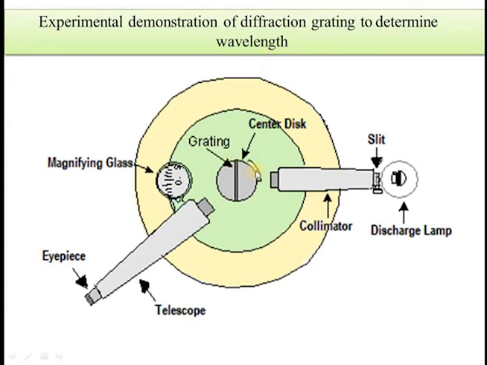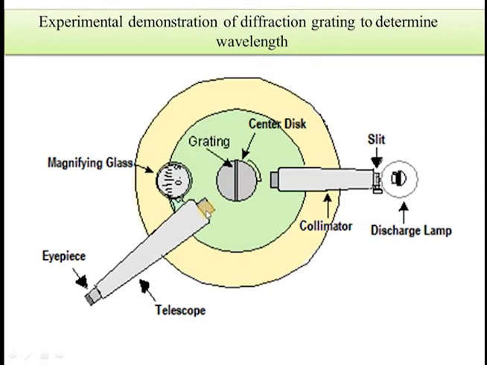There will be a table for holding our optical element here, and here there will be a telescope, and the telescope can move in a 360-degree scale at any position. And there will be a vernier scale at two diametrically opposite portions. There will be a scale here, and opposite to this there will be another scale here to take the measurements.